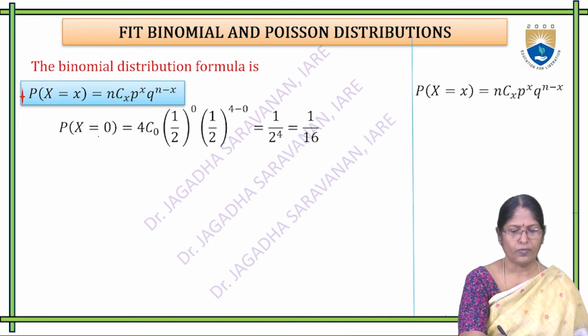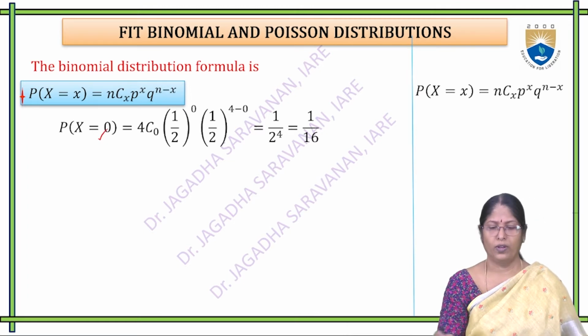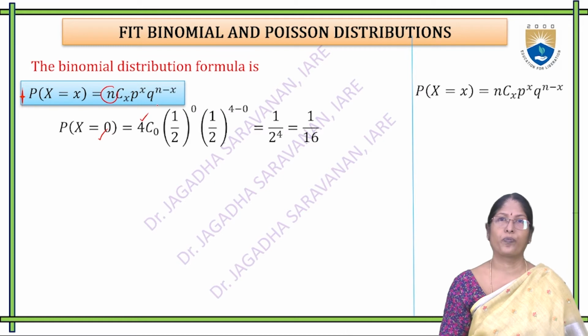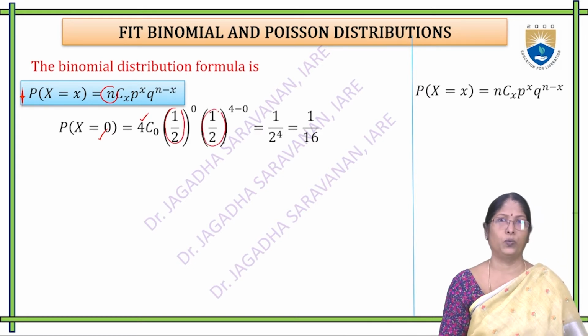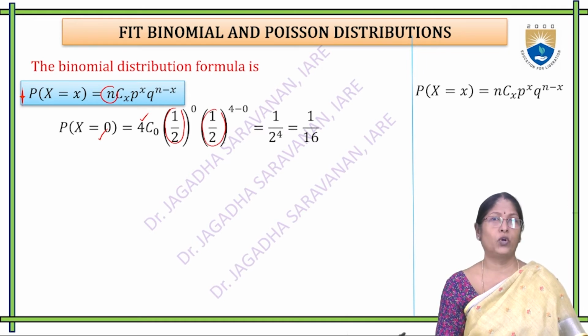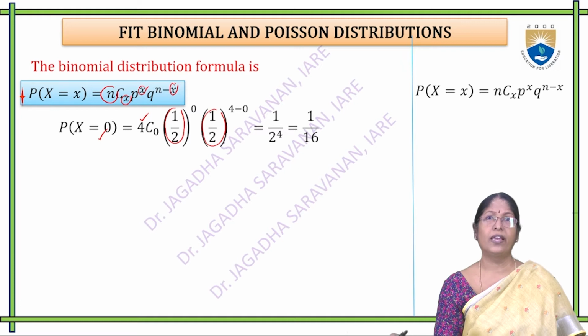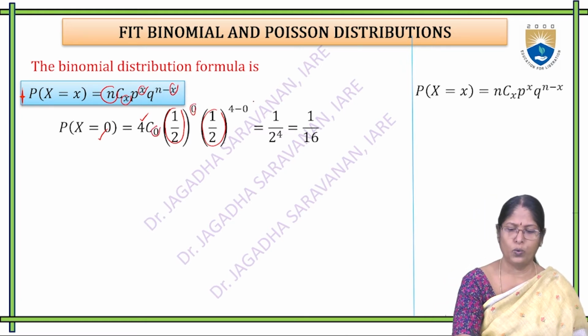Now when x is taking the value 0, this particular formula we are going to substitute. n is 4, p is 1 by 2, q also 1 by 2. How many places is x present in the formula? 3 places, 1, 2, 3. So at the 3 places x is replaced by 0.